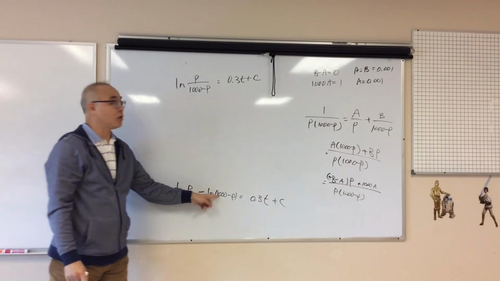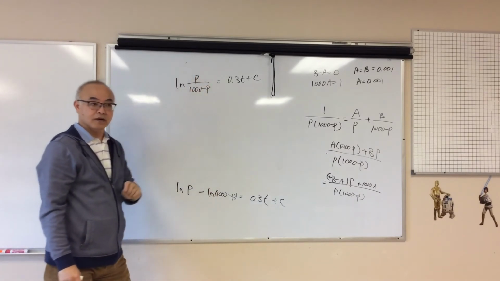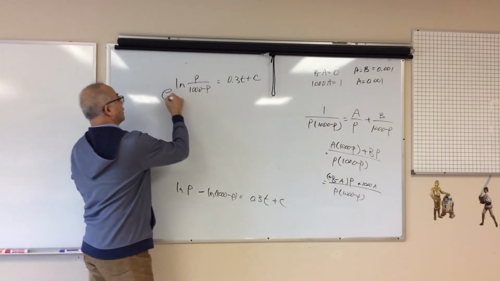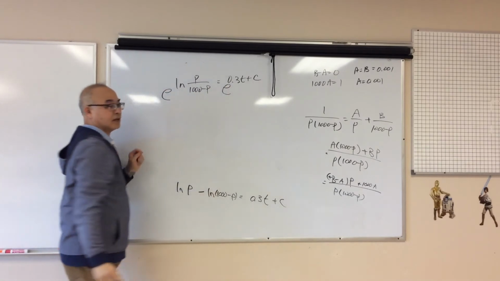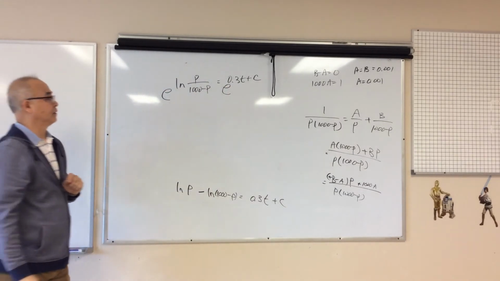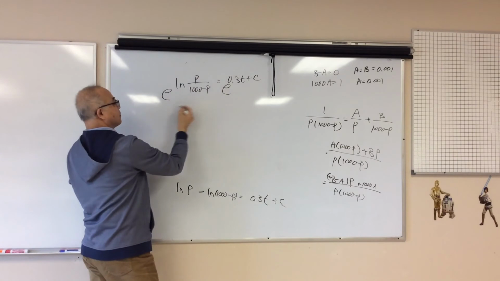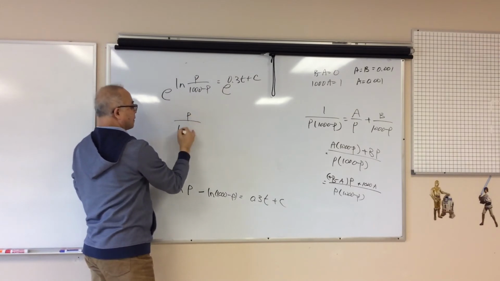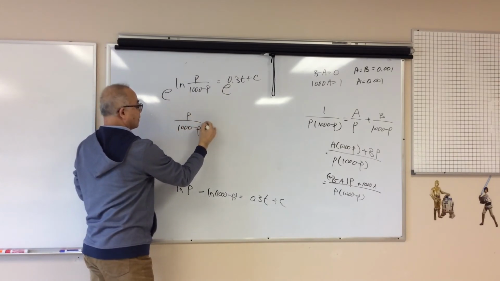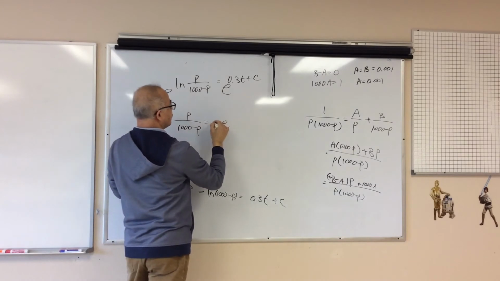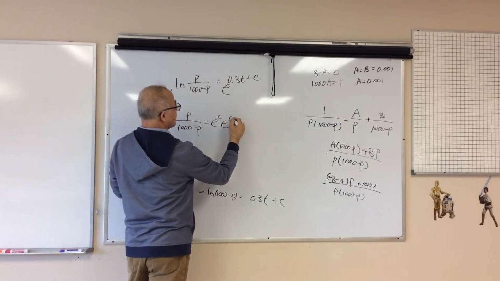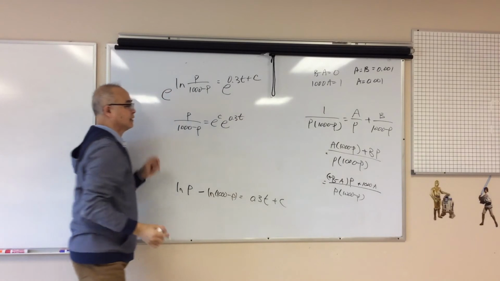Log A minus log B is log A over B. Okay? Then E. What does this become? E to the C, E to the 0.03 T. Correct?